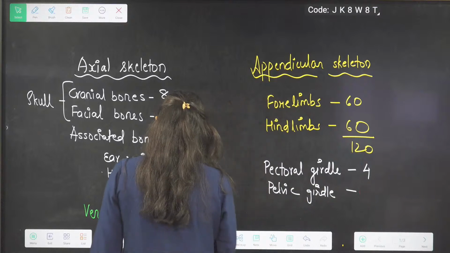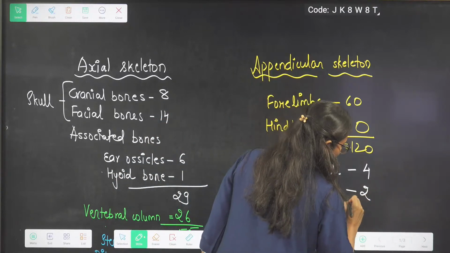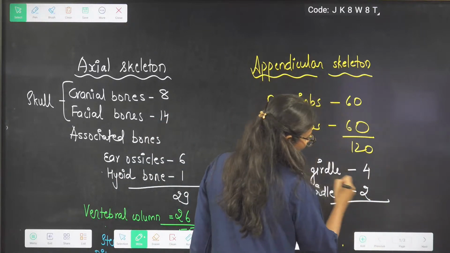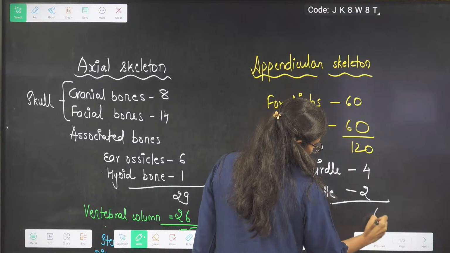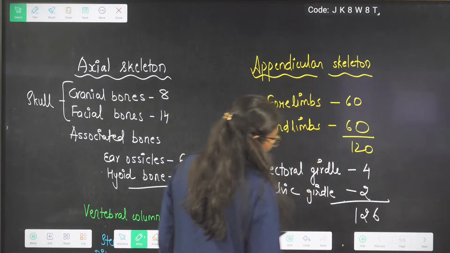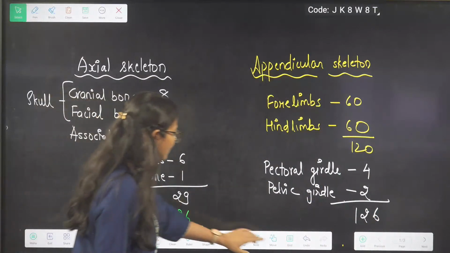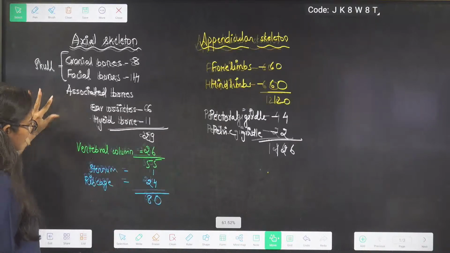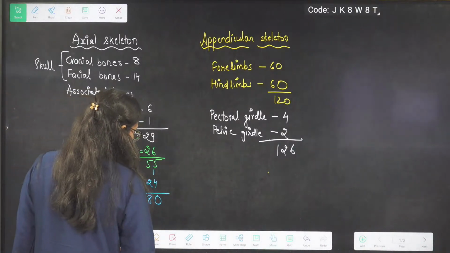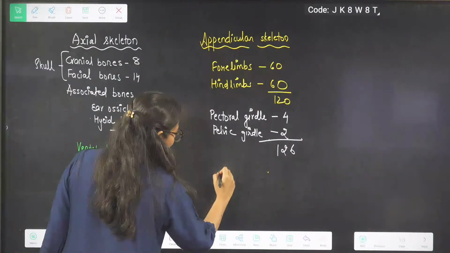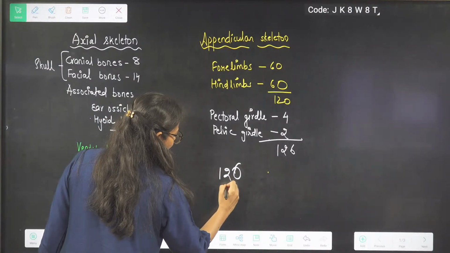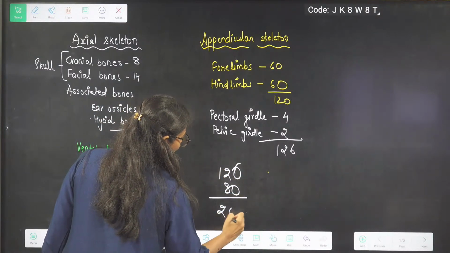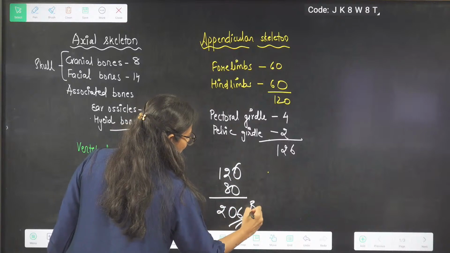Not 6, they are fused. So 2 coxal bones, will write 2. So now here the total becomes how much? 126. So axial 80, appendicular 126, and then total of these two, that means 126 plus 80, you get 206 bones.